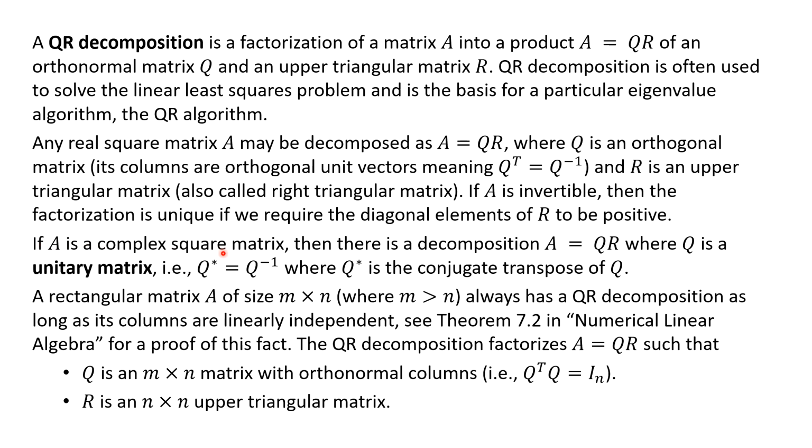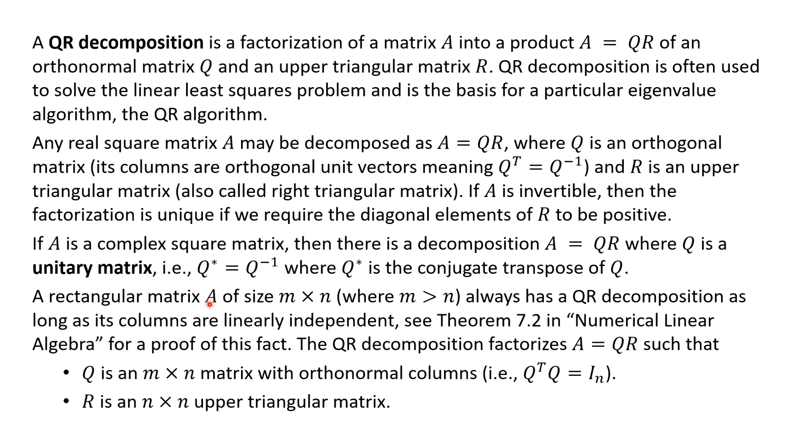If A is a complex square matrix, then there is a decomposition A equals QR, where Q is what's called a unitary matrix, meaning the conjugate transpose equals the inverse of Q. Remember, conjugate transpose means you take the complex conjugate of every element in Q and then you take the transpose.